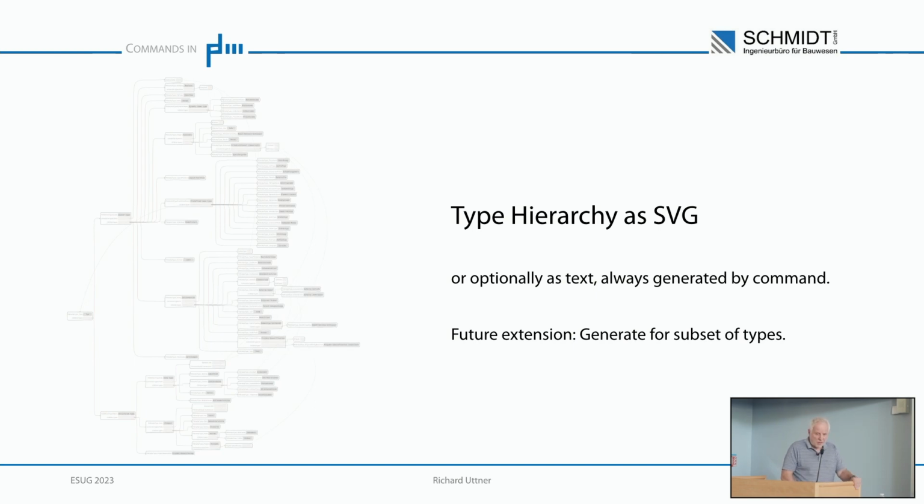When I was talking about types, I didn't talk much about what kind of types we have and how we understand them. As a first impression, I give you a picture where you most probably cannot read anything, even on a high resolution screen. It's not possible to read the whole SVG. It's just meant as an overview.